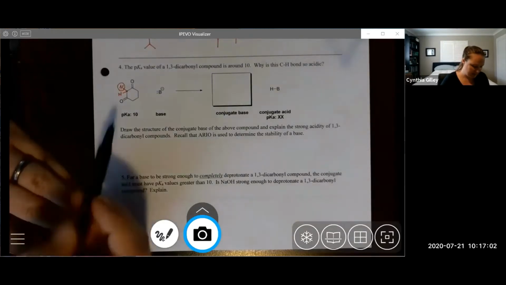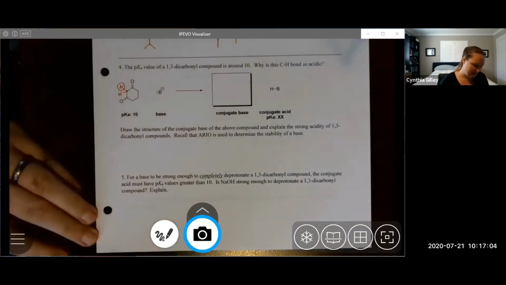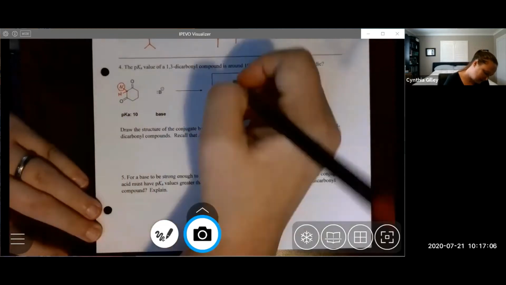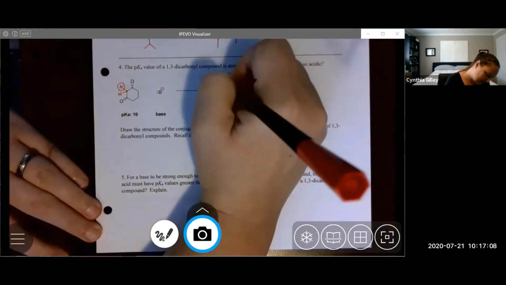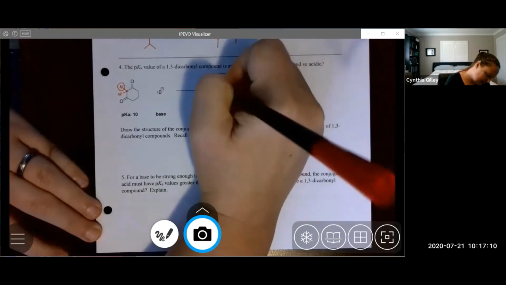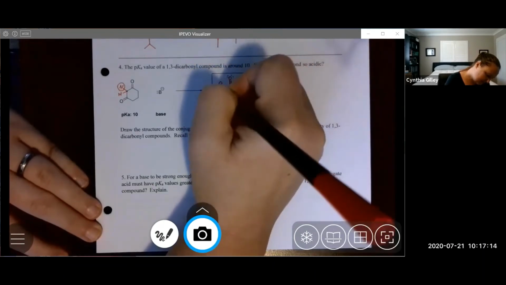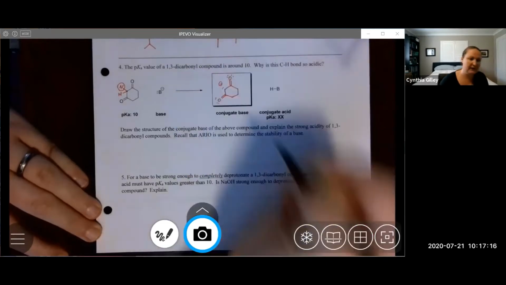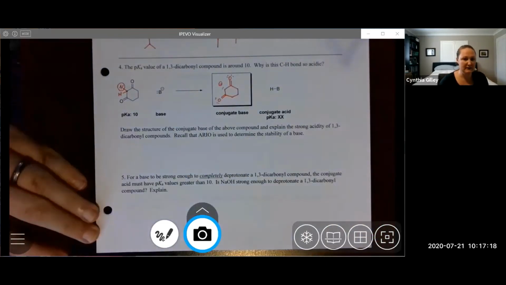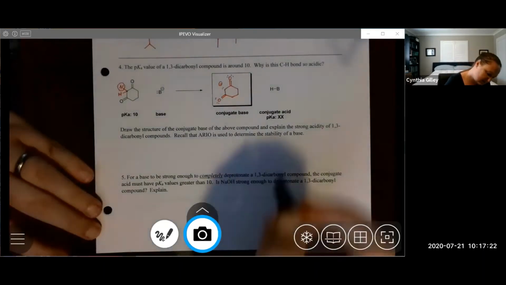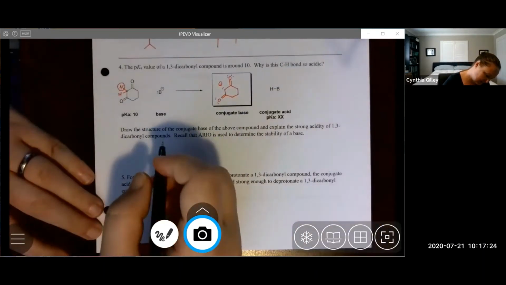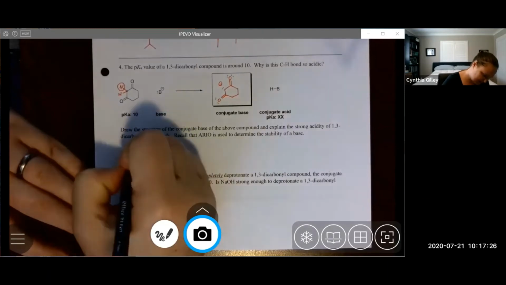So these are much more acidic because after deprotonation, we get this doubly resonance stabilized intermediate, so we have multiple resonance contributors we can draw here.